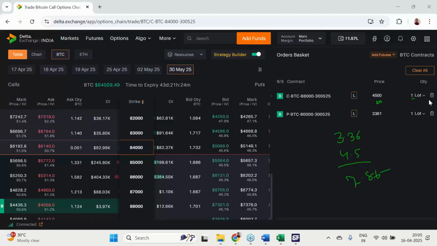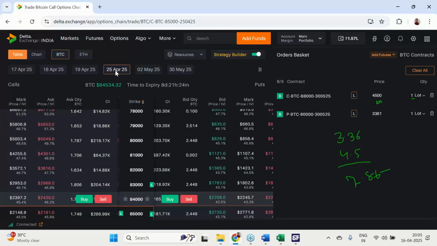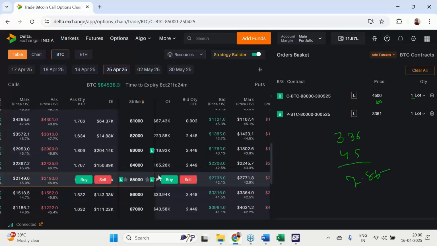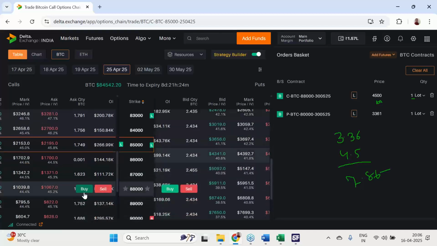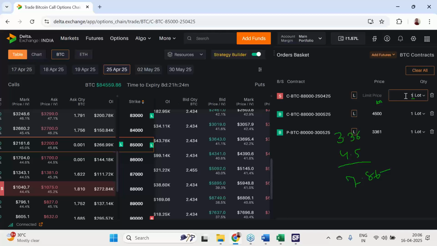I want to reduce it, using a spread. So I will be using a diagonal spread as I told you. Till 30th May I have the time, but I will start my journey from 25th April. So on 25th April, I'll see the same strikes, whatever 88 and it is telling. So 88 I'll sell. Same one lot.